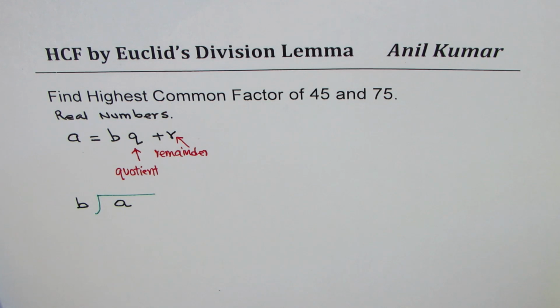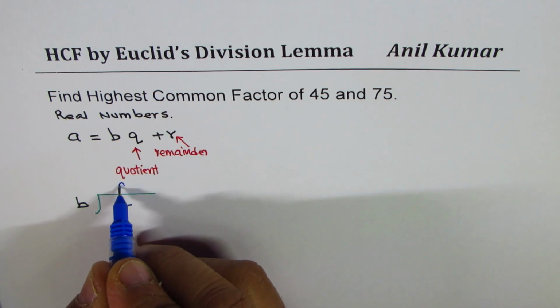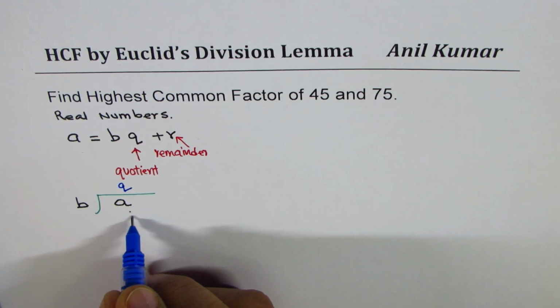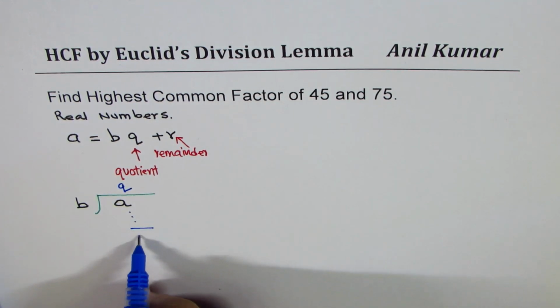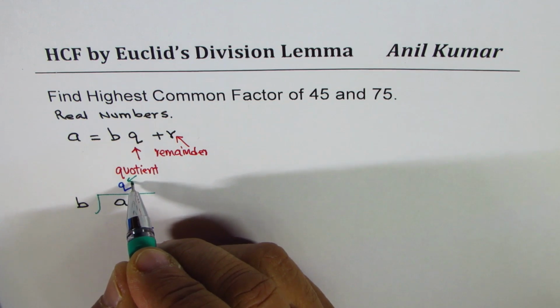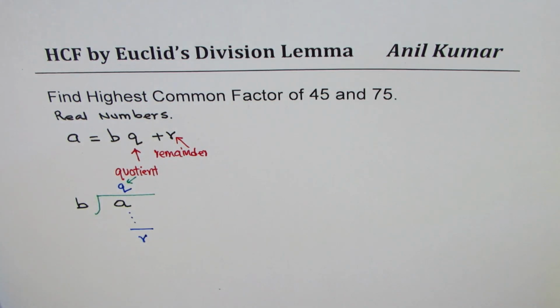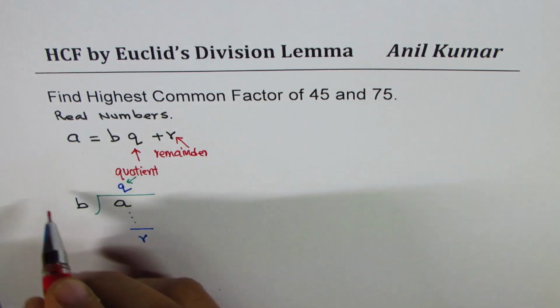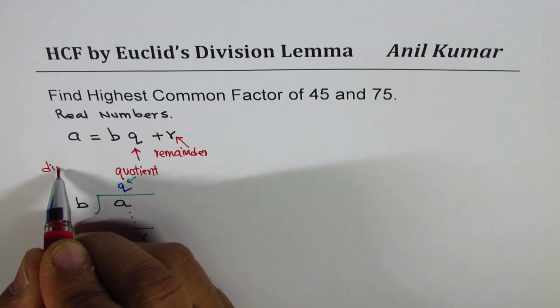So let me write down in a different ink. So when you do this division, we get some quotient here, right? And if you follow this process, you get some remainder at the end. Correct. So this is what we call the quotient. The term here is called a divisor. Let me write down divisor.